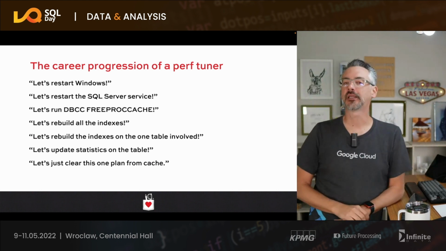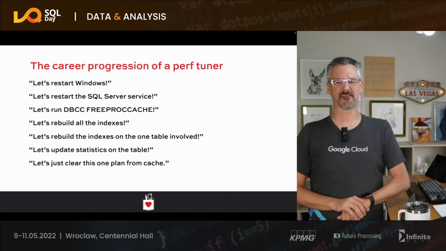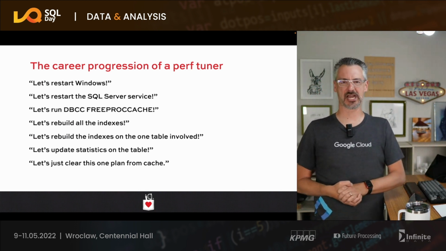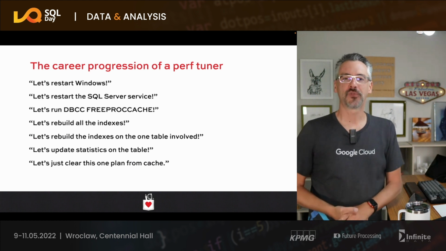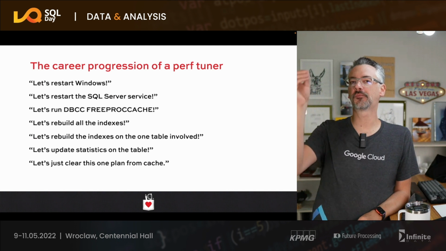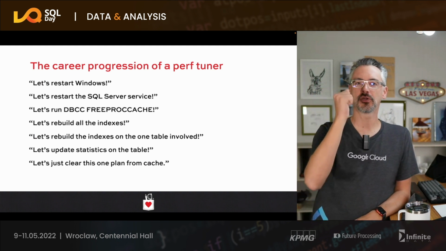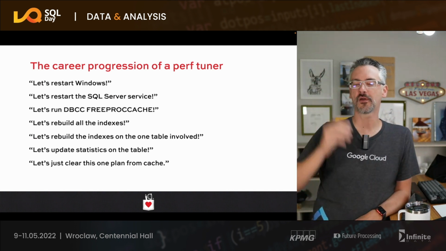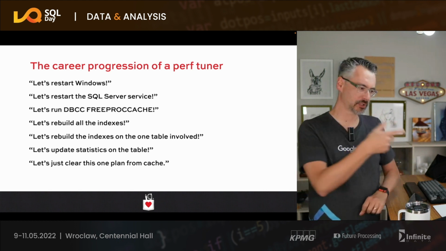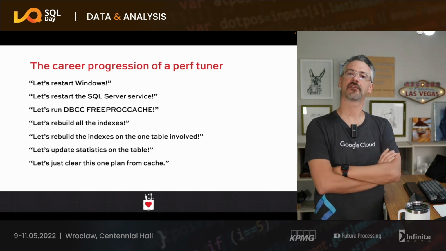Same thing with rebuilding indexes. People say, well, if I don't rebuild my indexes and update my statistics every day, I get bad plans. No, what you're doing is you're clearing parts of the plan cache and you're gambling on whatever parameters happen to come in next. It drives me crazy when I see DBAs doing this, rebuilding indexes or updating stats every day. And I go, "What? So did you solve it? Do you never have any bad plans?"